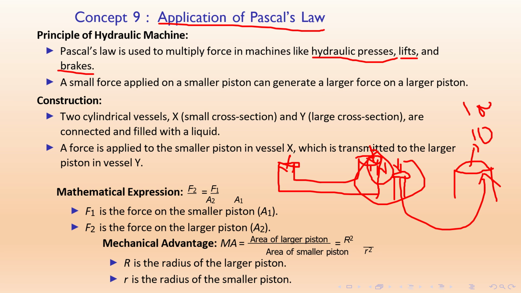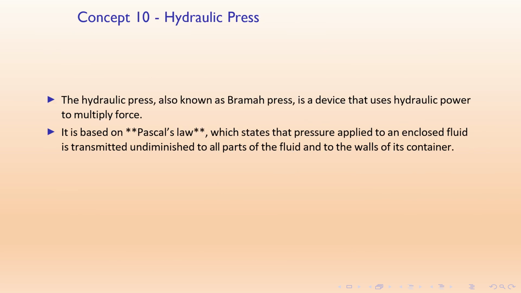So we can take F1 by A1 is equal to F2 by A2. The mechanical advantage is the area of the larger piston by the area of the smaller piston, so R square by r square, where R is the radius of the larger piston and small r is the radius of the smaller piston.